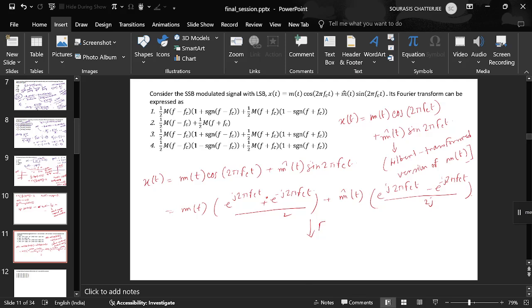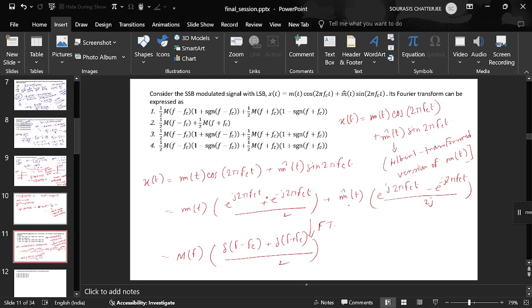If I take the Fourier transform, I obtain M f times delta f minus fc plus delta f plus fc, divided by 2.